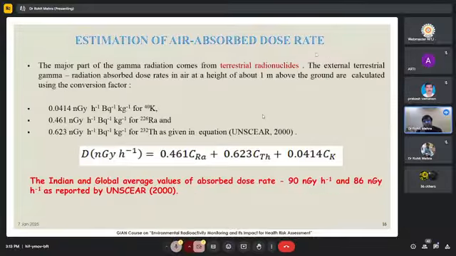Then based upon the concentration of radium, thorium and potassium, we again get the absorbed doses. So this dose is calculated in terms of nanogray per hour.